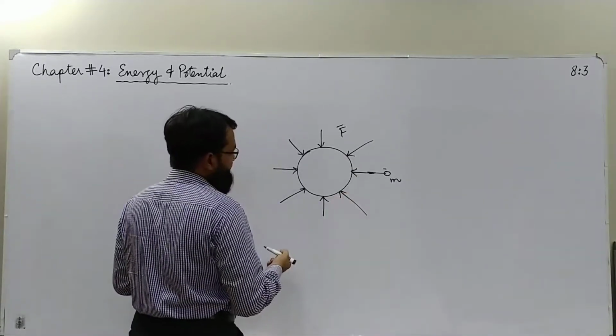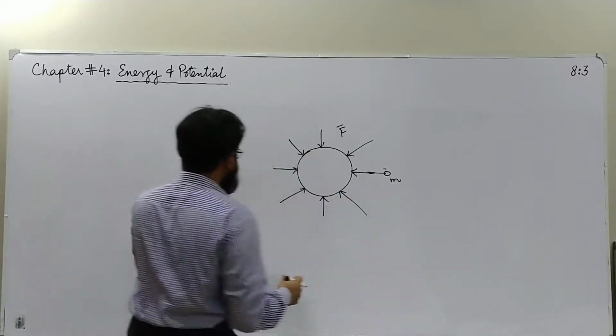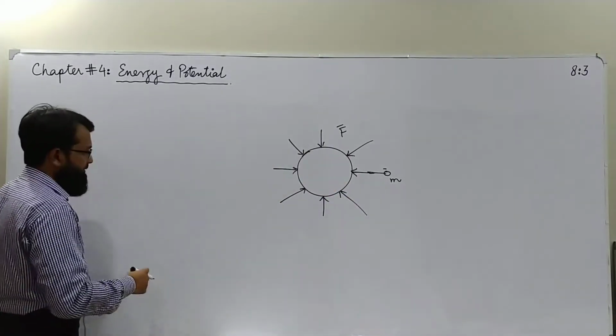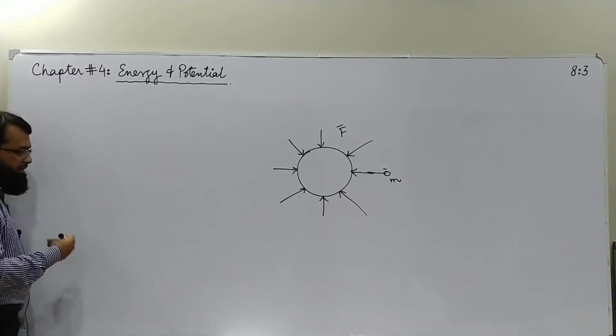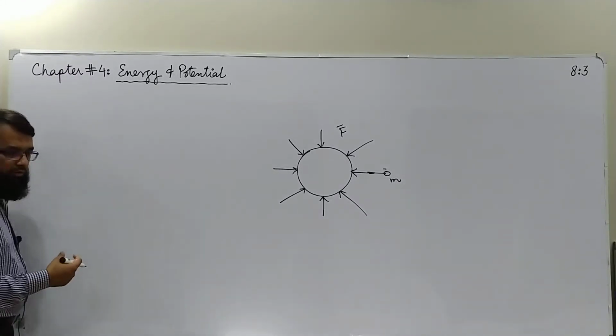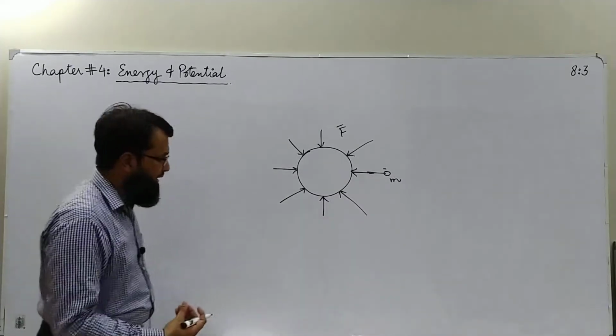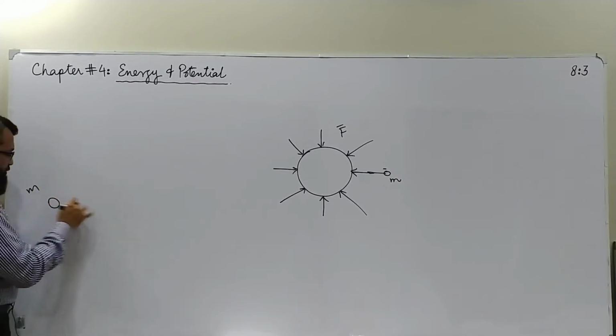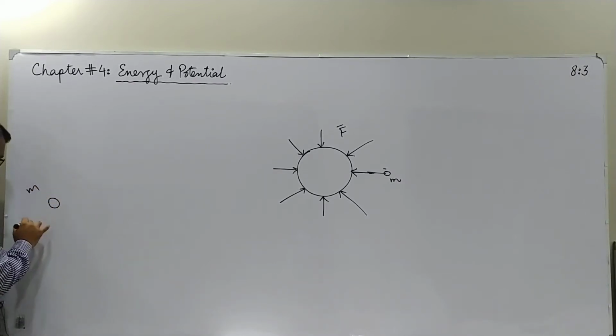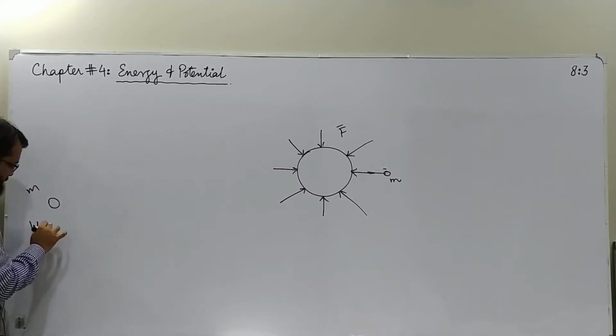So if I'm billions of light years away from any planet, with negligible or no influence of any planet or heavenly body whatsoever, and over there I have a mass m, and I try to move it around, definitely the amount of work I'll have to do would be zero.